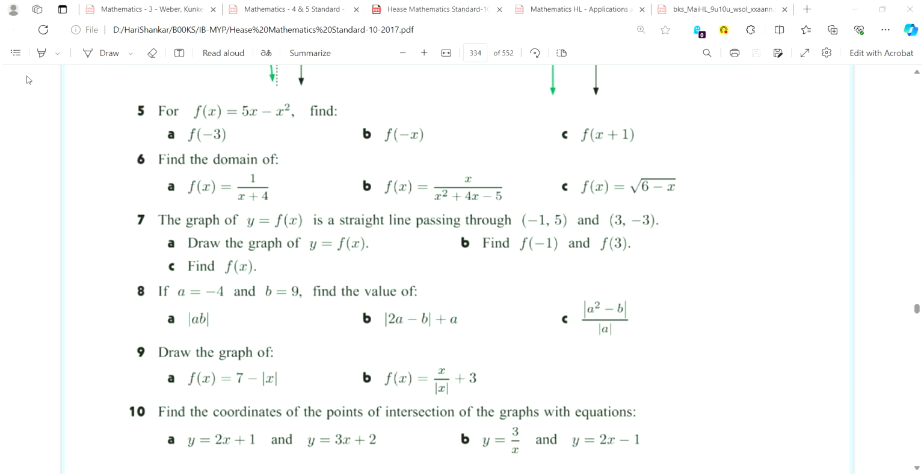Yeah, so that is fine. So x is equal to 2 is defined here. You should just put out that x value for which your denominator is 0.